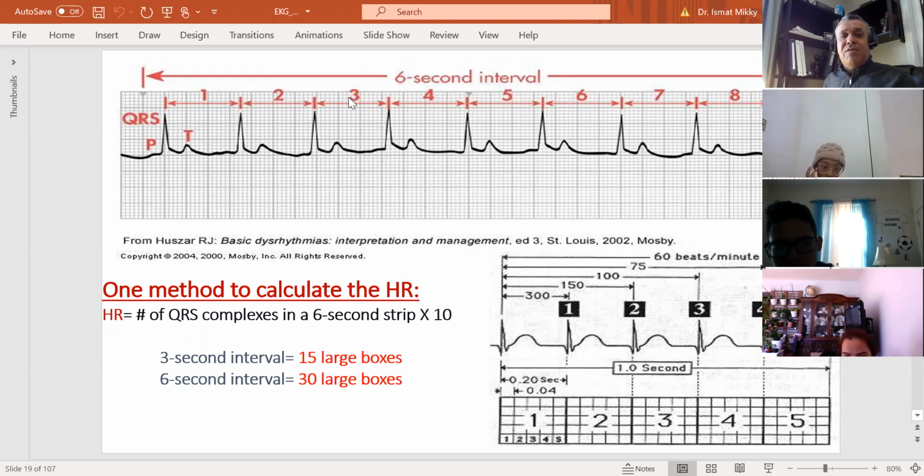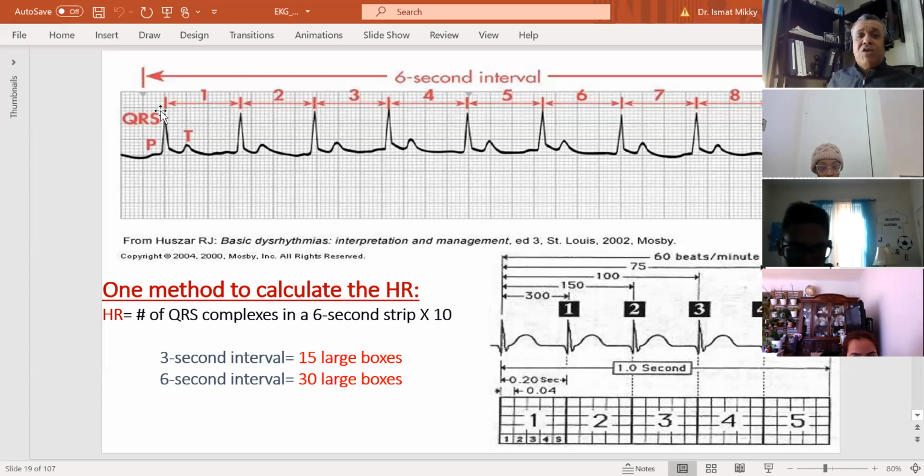I'll give you an example on the EKG strip. R wave, and then the next R wave falls right at the beginning of the second large box. Your patient's heart rate is 300. In other words, you count the number of large boxes between R waves. So this is one large box, second, 3, 4, 5 large boxes.